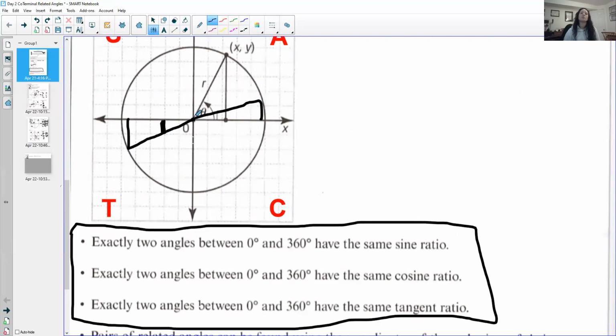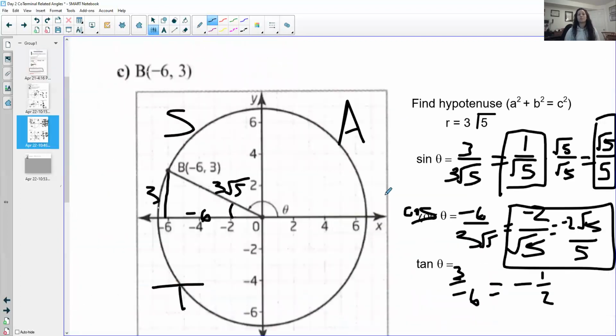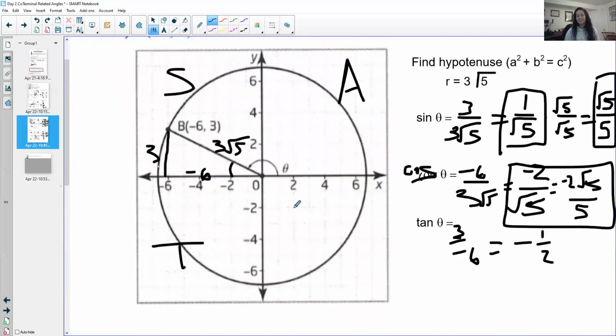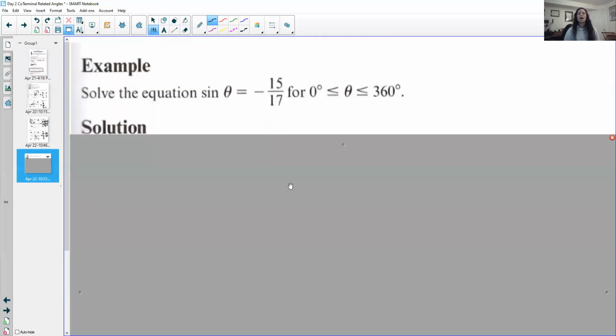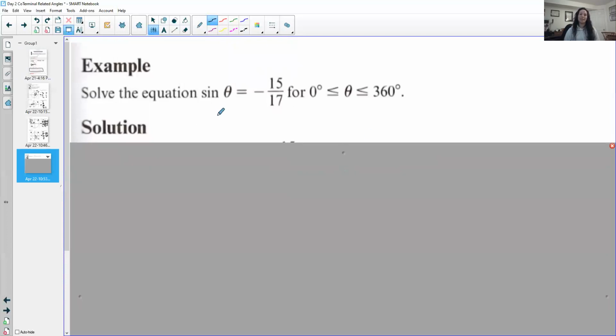You just continue to reflect it to work with the easiest triangle. But if you look at the examples that I did down below, it's really saying what I've shown you earlier. It's just a summary.